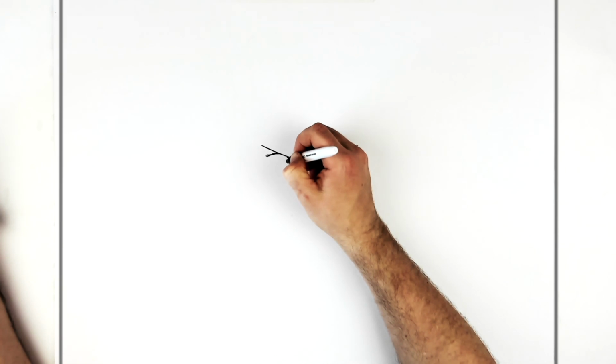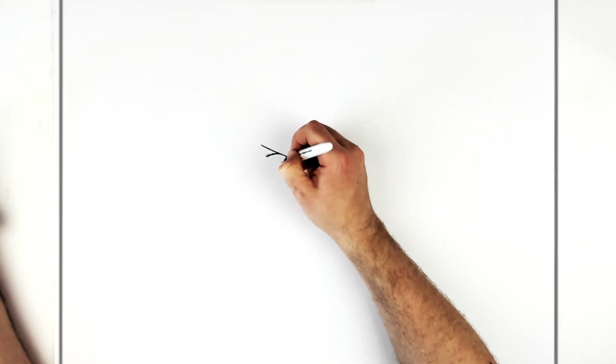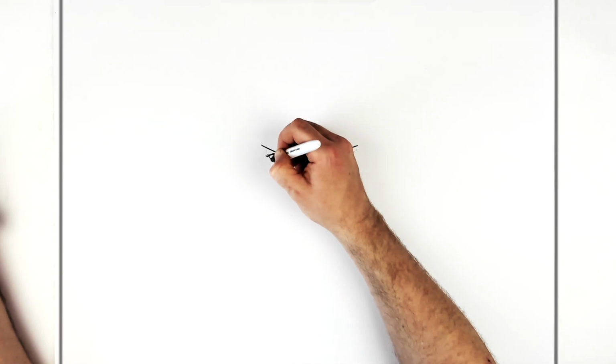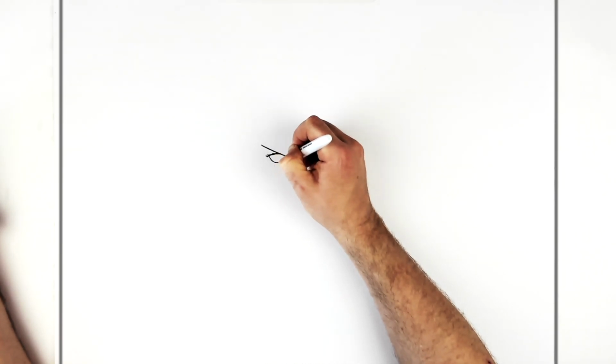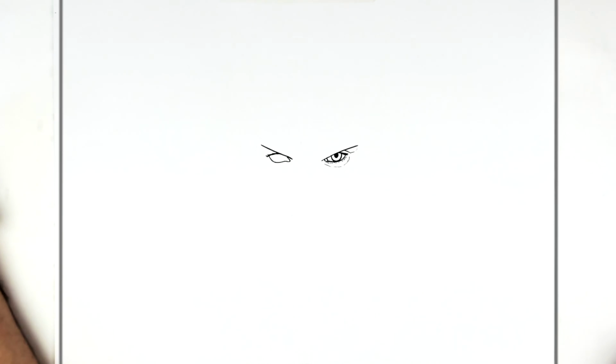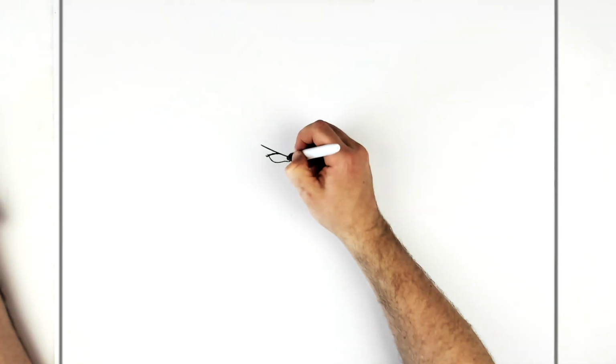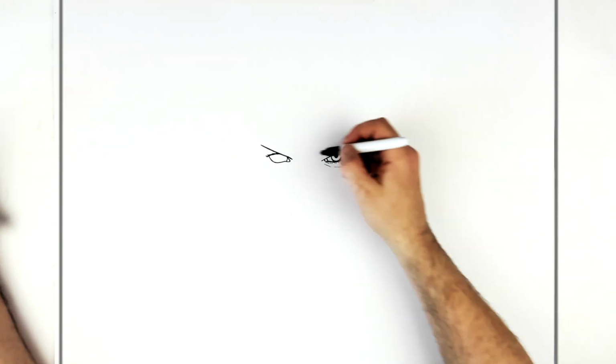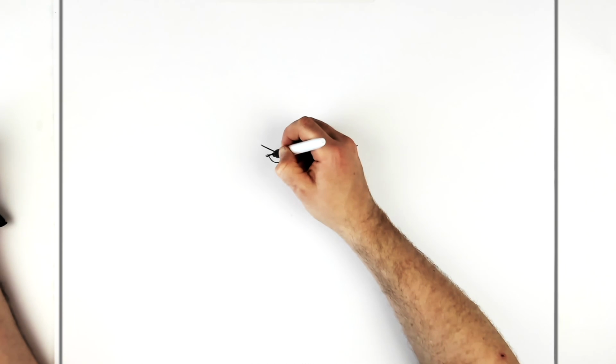And then this curves down around, like so. And then we have the tear duct in the corner. And then the iris, again, a semicircle.